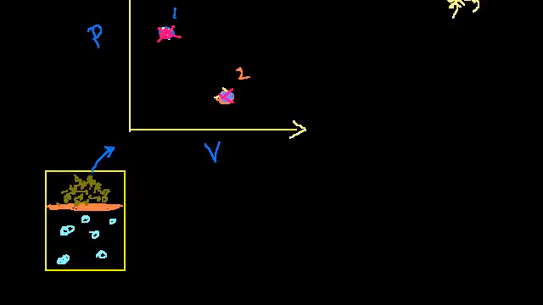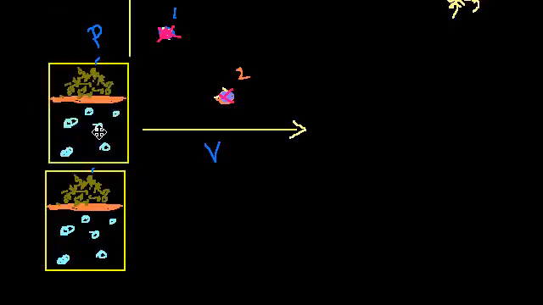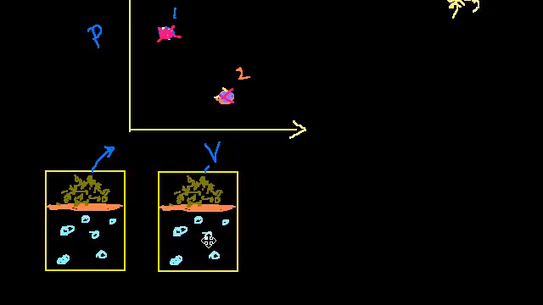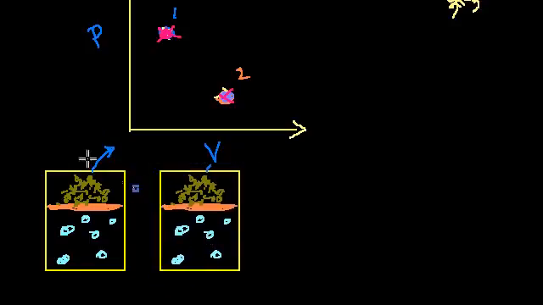So what's going to happen? Well, this piston's going to move up a little bit. Let me draw that. So let me copy and paste it. So now my piston, since I just took out one little piece of sand, the force pushing down, or the pressure pushing down, will be a little less.